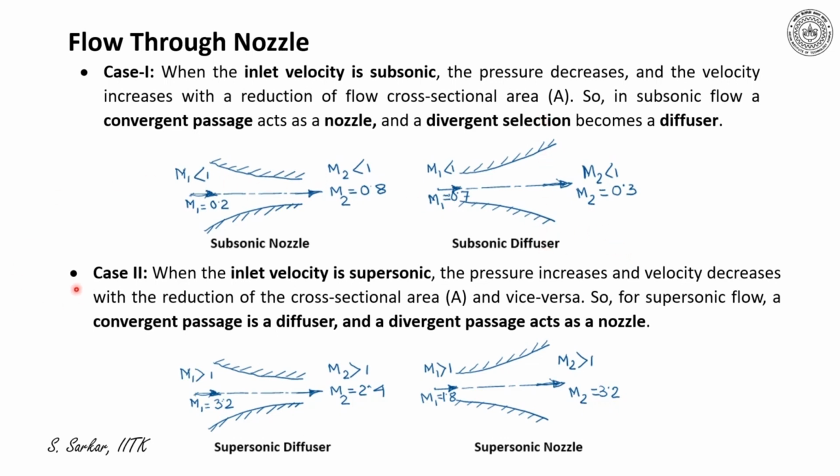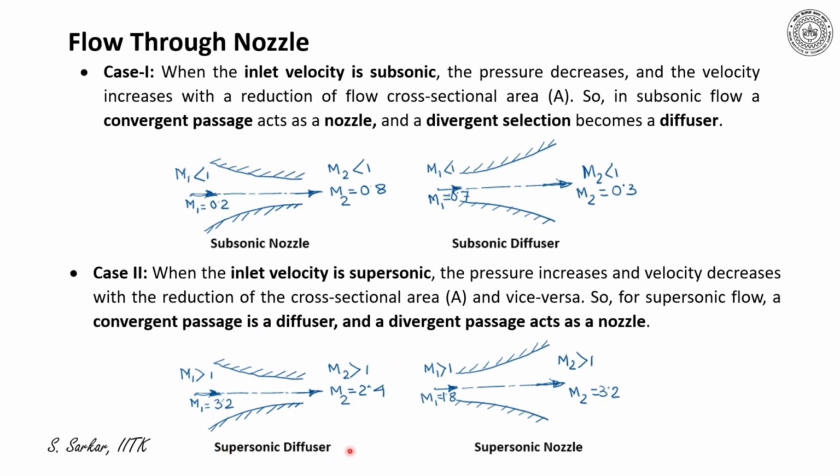Case 2, when the inlet velocity is supersonic, the pressure increases and the velocity decreases with reduction of cross-sectional area and vice versa. So for a supersonic flow, a convergent passage is a diffuser, while a divergent passage acts as a nozzle.